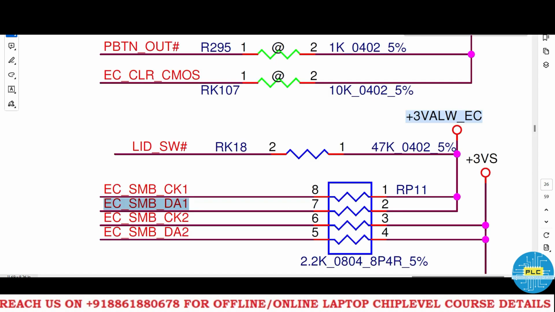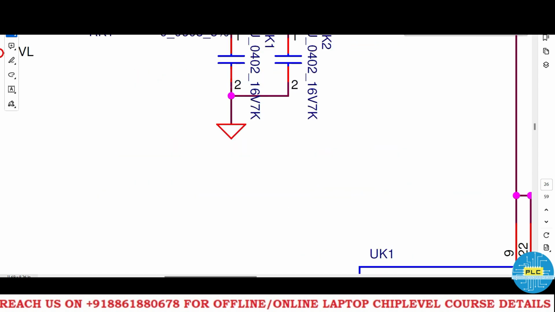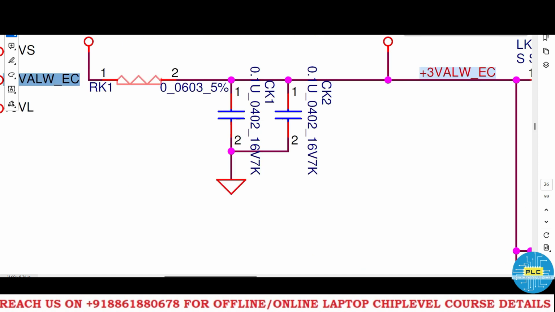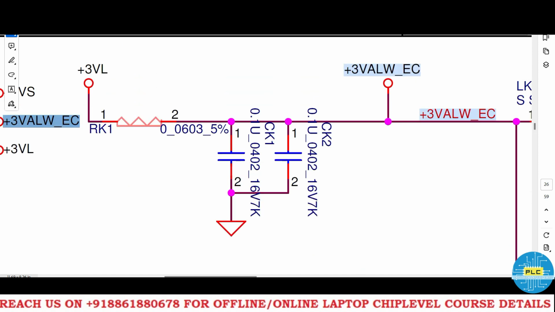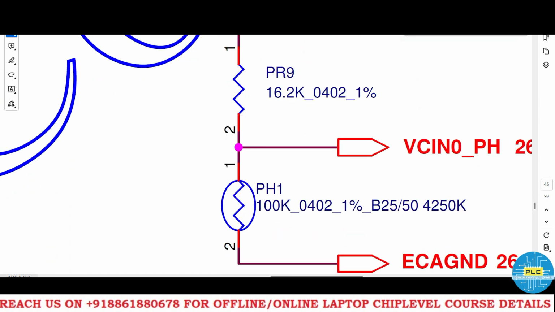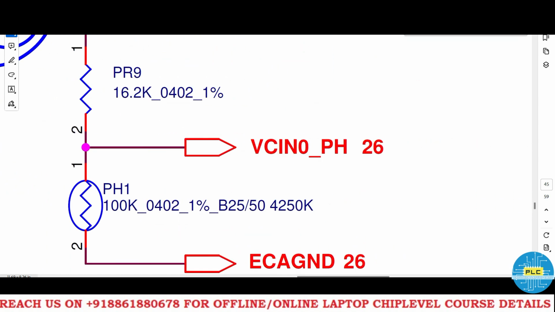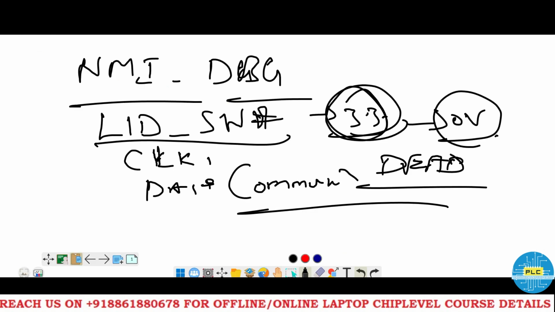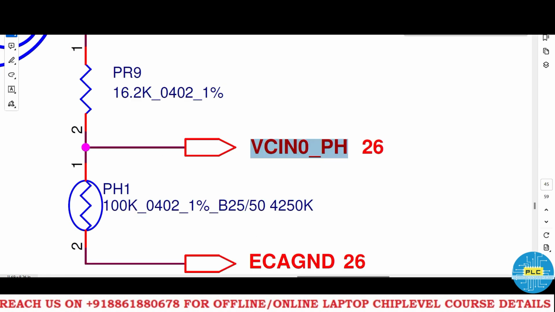Next, see, this is the thermal information. PH, VC in 0 PH. This is also going to the IC. VC in underscore PH. Okay, thermal information.